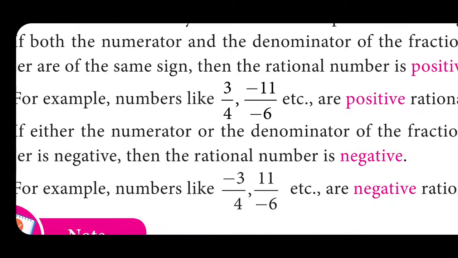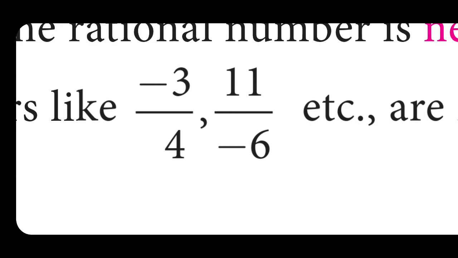Next, if either the numerator or the denominator of a fraction is negative, it's called a negative rational number. Example, minus 3/4: the numerator has the negative sign, so it's a negative rational number.